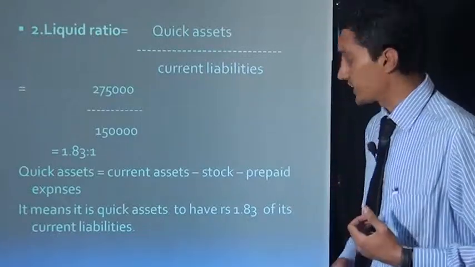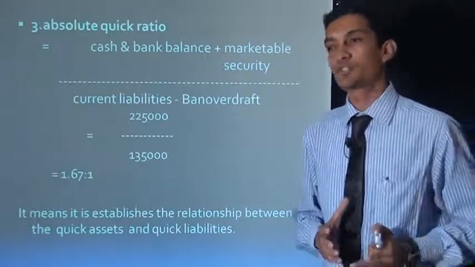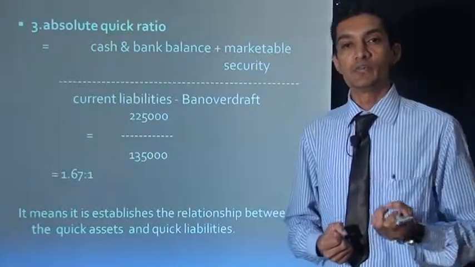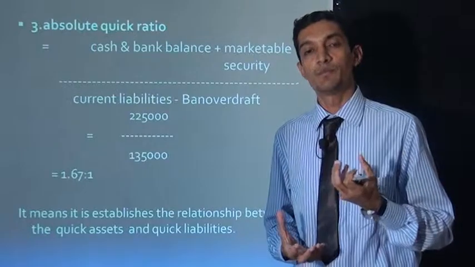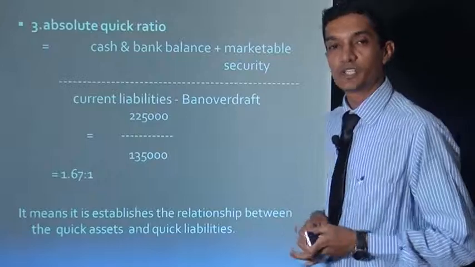Now the next ratio we are calculating is the absolute quick ratio. Absolute quick ratio means we take only cash or bank, which we have right now, or money-related items, that is, only cash and bank plus marketable securities.